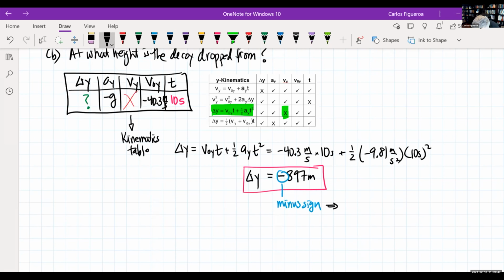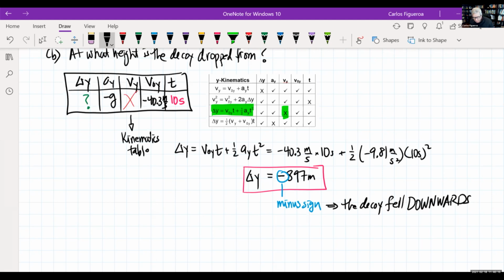All it's telling me here is that the decoy fell downwards. It's giving me my direction. Okay? So now I know the height change of when the decoy was released.